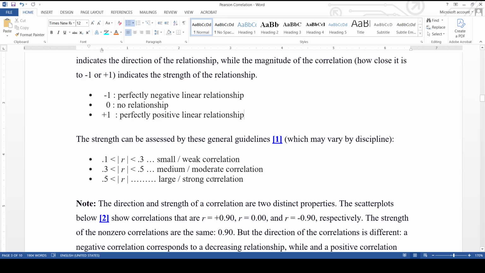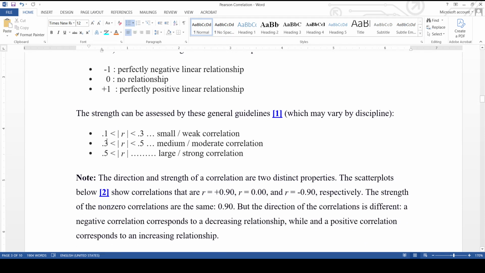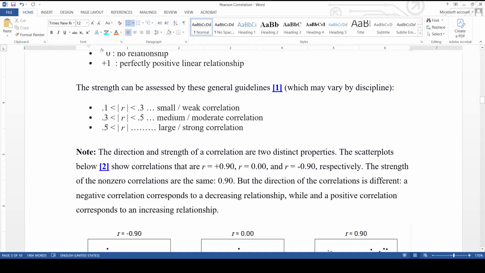Now, let's look further on the strength of relationship that can always guide us. These are just like a baseline that we should put beside our working bench when we are working, so that when we come across this, we'll be able to speak boldly. What is the kind of relationship? Say, oh, this is weak. This is not weak. This is strong, and all that. Now, the next one here is, look at this.